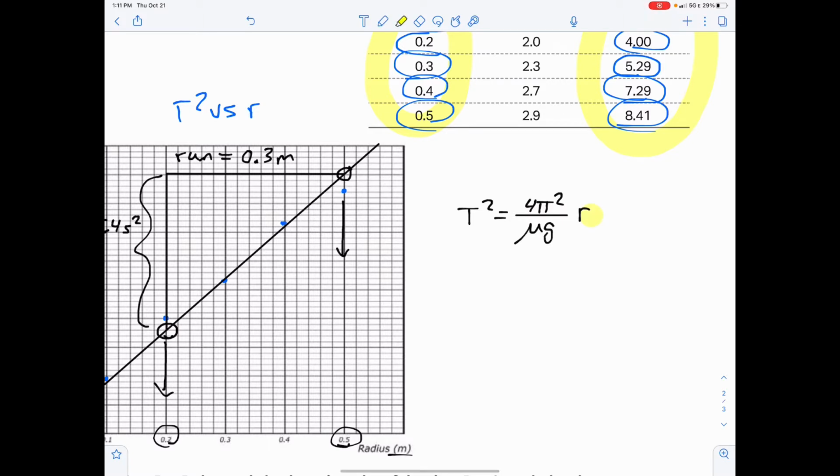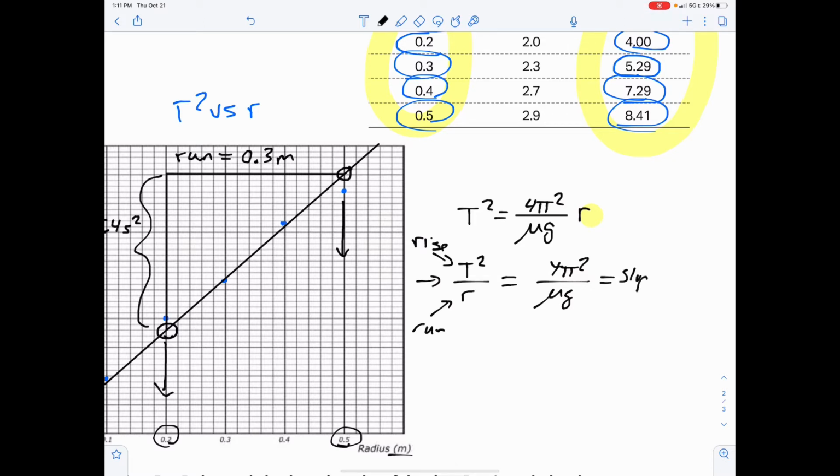Now, if we divide both sides by r, we get t squared over r equals 4 pi squared over mu g. What this tells you is t squared was your rise, r was your run, and rise over run is your slope.